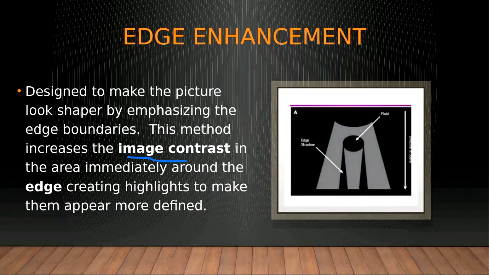They're pointing here to these little edge shadows and making them a little bit more pronounced. This method increases the image contrast in the area immediately around the edge, creating highlights to make them appear more defined.